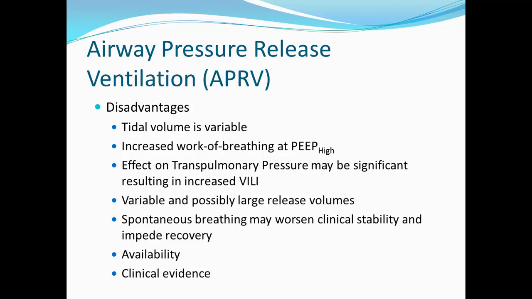Also, we said that the tidal volume is variable. With the release volumes, it's possible, depending upon the delta P, the delta P is the P high minus the P low, and depending upon the patient's expiratory time constants, the size of the ET tube, and the exhalation valve, and the time low, the release volumes may be very large, may in fact exceed the 4 to 6 mL per kilo that we try to stay less than.